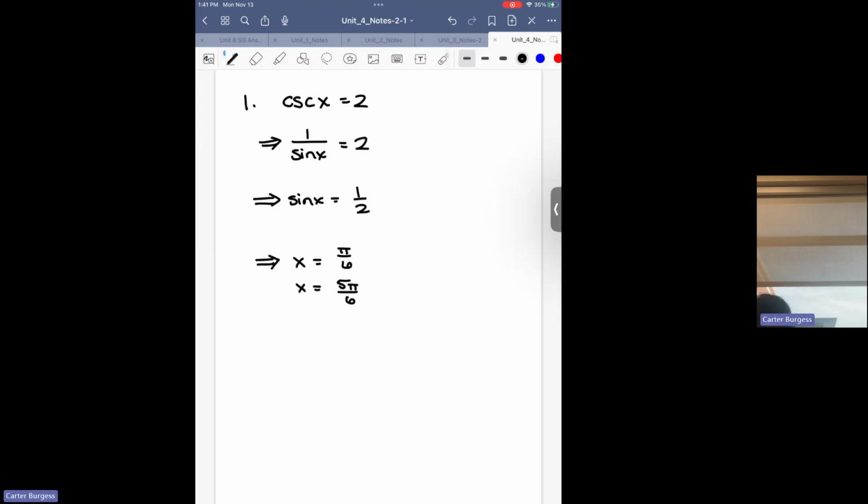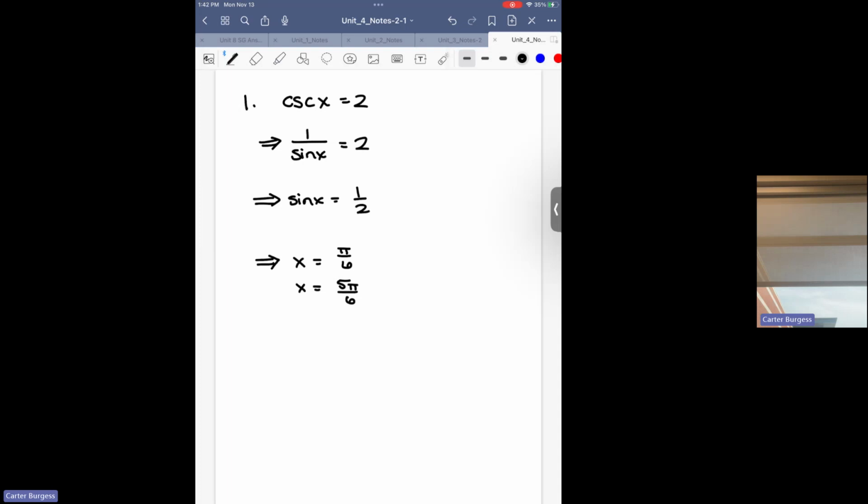We don't need cosine for this, though. So pi over 6 and 5 pi over 6 on our unit circle, like here and here.